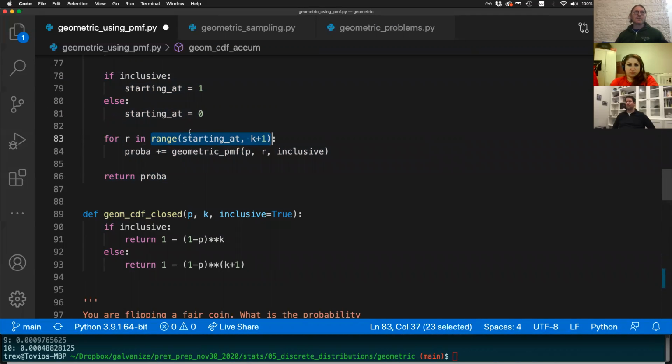We're traversing this iterable, the range that's created by the range function. So this is a better form of it.